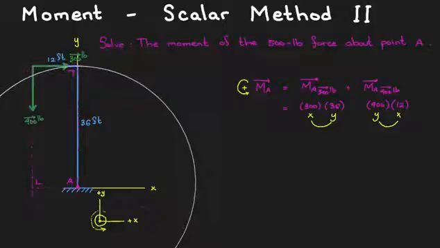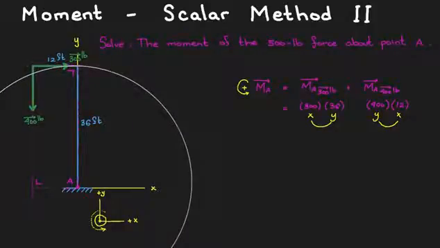In this case, it's point A. And you ask yourself the question, how will the 300-pound component want to rotate around my circle about point A? It's very clear that it wants to rotate clockwise. And since counterclockwise is considered as positive, therefore clockwise is then a negative moment. Therefore, I must put a negative sign in front of this first term.